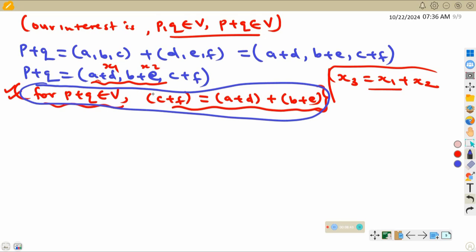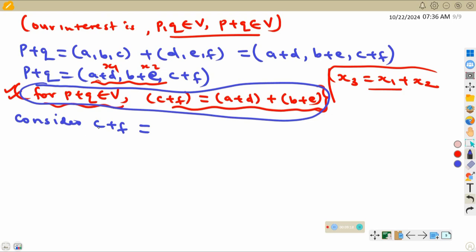So we need to consider the left hand side to get the right hand side. Let us consider P plus Q. We need to consider that to show that P plus Q is an element of V. So let us consider the left hand side here, which is C plus F. We need to show that this is equal to this.